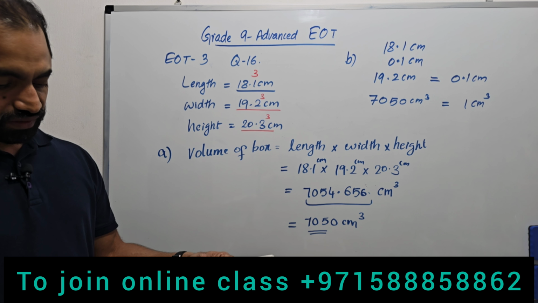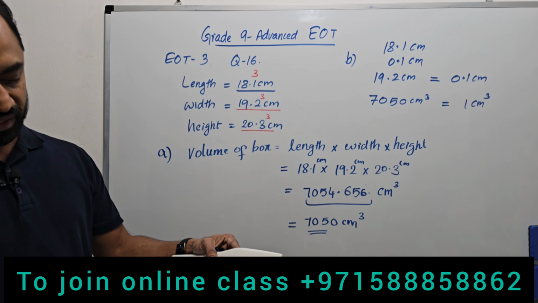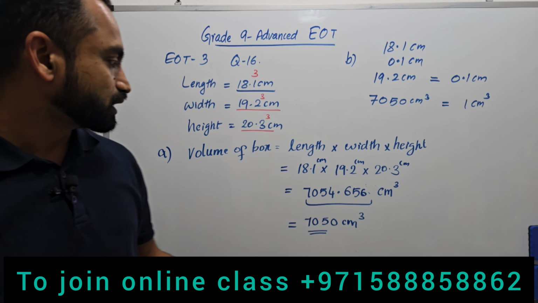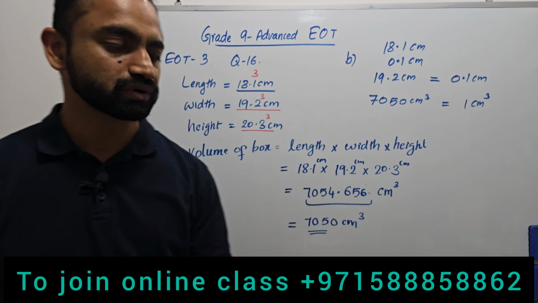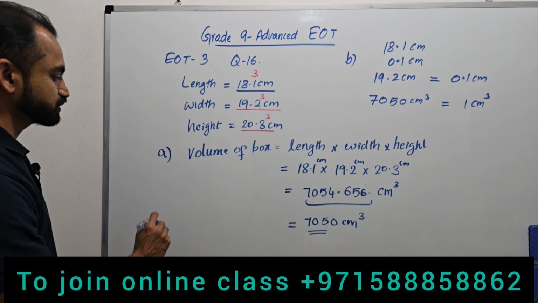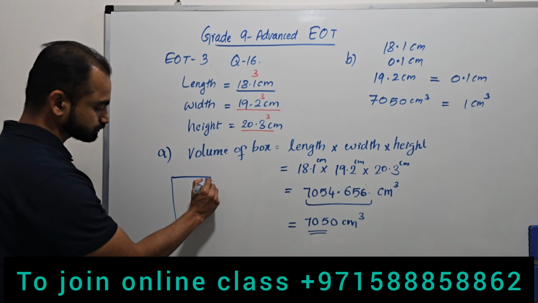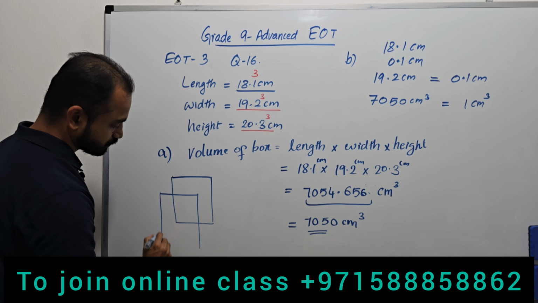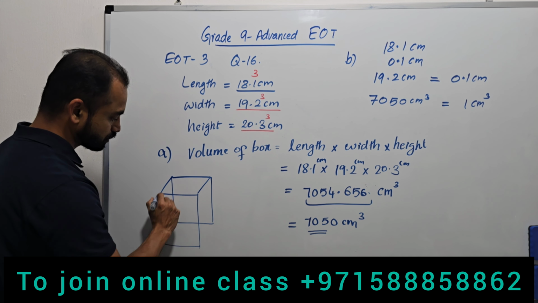Okay, then how tall is a stack of 12 of these boxes? The height of the box is 20.3, right? So you are measuring the height of the box, like this box.